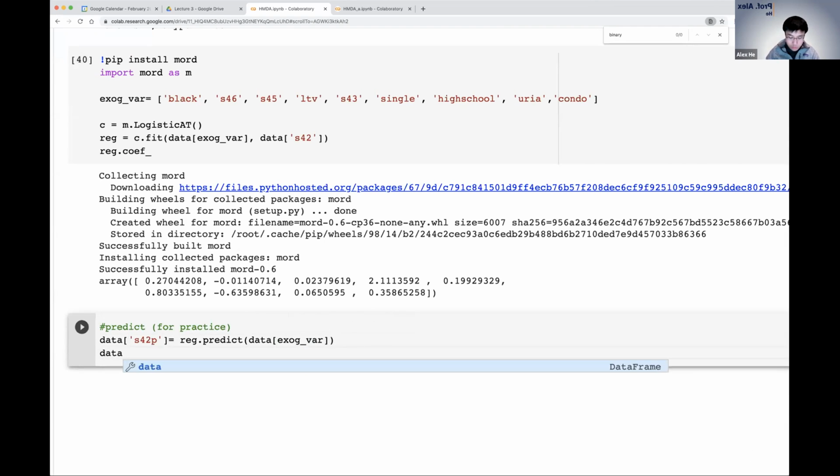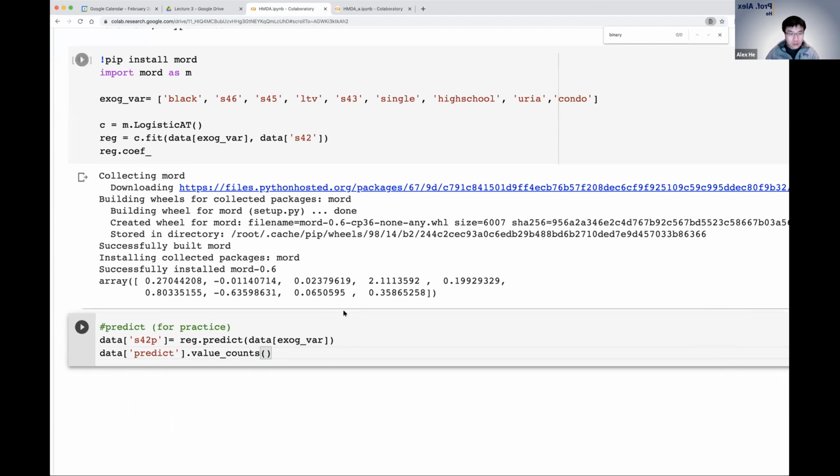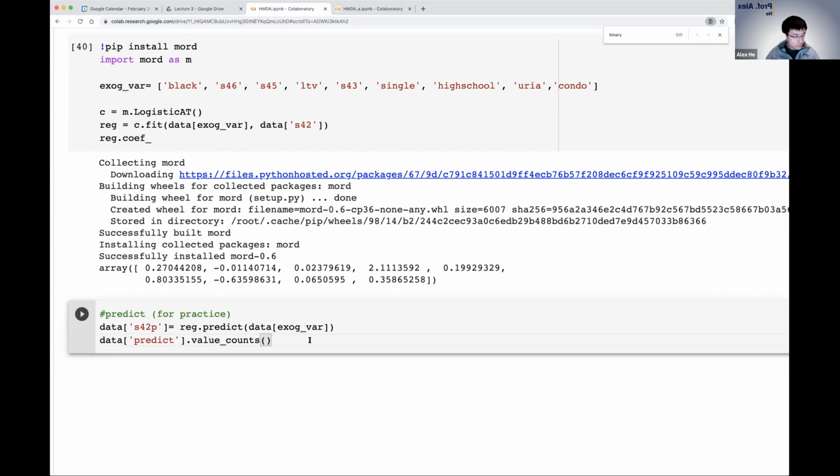And then we can summarize that. Not describe. So the prediction here would be 1, 2, 3, 4. Okay.